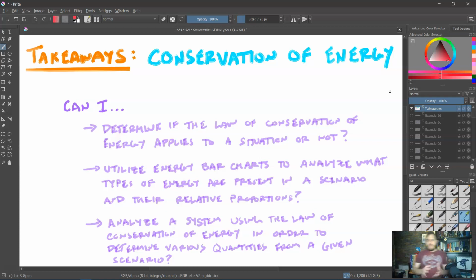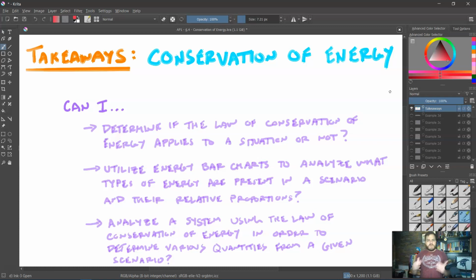So what are the main takeaways we have right now for the law of conservation of energy? Well, one, can we determine if this law applies to a particular situation or not? Now, careful, it technically always applies. But when we're talking about whether the mechanical energy is conserved or not, then it only applies if the system is closed. If it's not closed, we are losing some of that mechanical energy to, for instance, thermal energy, sound energy, etc. Can we utilize energy bar charts to analyze what types of energy are present at different moments of time and in what proportions?